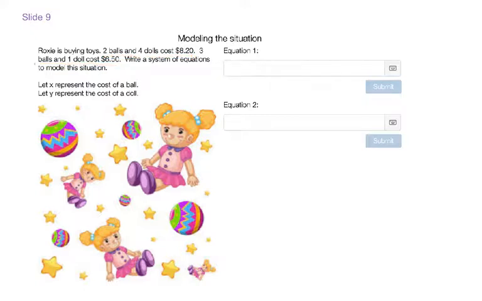So why is this a system? Because Roxy is buying toys. She just happens to be buying toys in 2 different situations. The first time, she buys 2 balls and 4 dolls, and she spends $8.20.